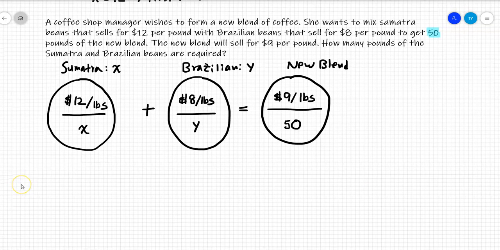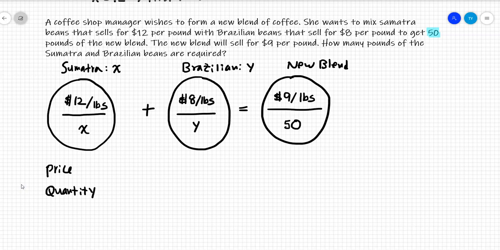So we're going to have two different equations. One is for the quantity. The other one is going to be for the price. Okay, so let me just write that for price and the quantity. So price is going to be one on the top.